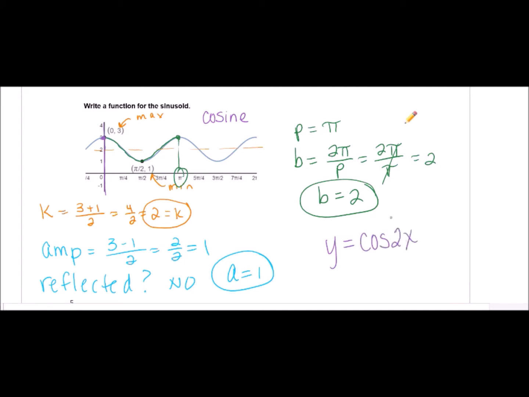Now we do have a k, so we've got to add that vertical shift, that k, onto the end of it. So just to make sure, a was 1, b was 2, and k was 2, just so you remember where each piece went.